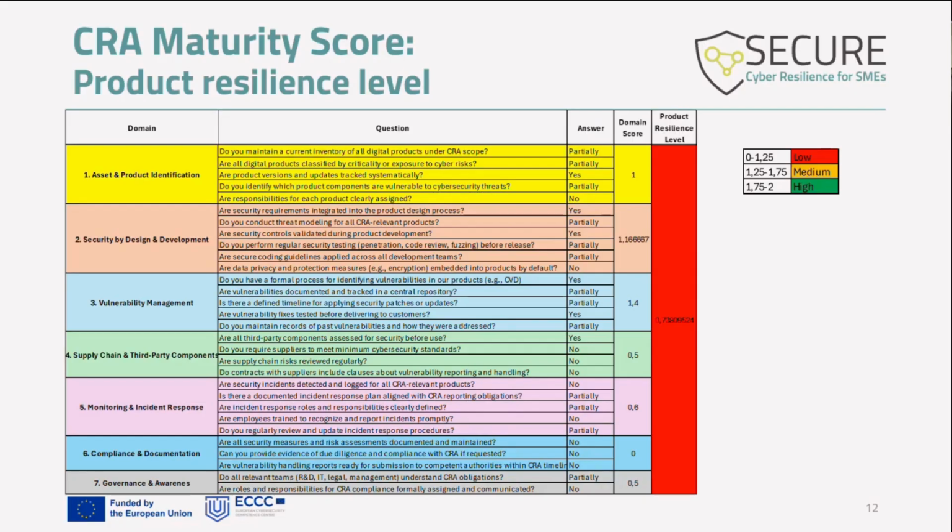For both, you're required to answer a range of questions through 3 response options: yes, partially, no. This leads to a final score that indicates your level of resilience: low, medium, high. So, the CRA Maturity Score will allow you to further identify gaps that require your attention, supporting you in your journey to full CRA compliance.